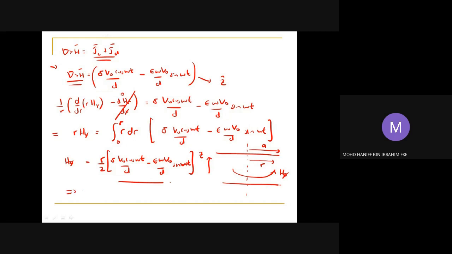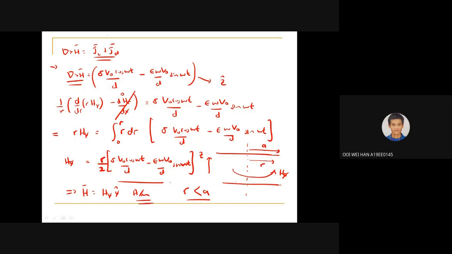And for that, my H vector will be H_phi in the direction of phi in ampere per meter. So this is your H field for any position of r, whereas r, the radius, must always be less than a, which is any position inside the capacitor. Is that clear on these solutions for the H field inside the capacitor?